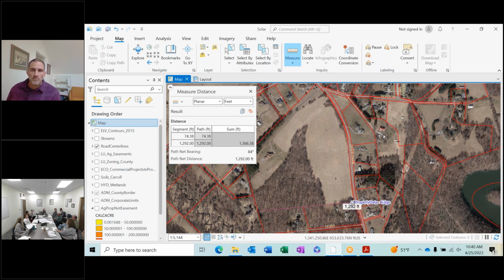Even going with a 3,000 foot separation, there's no place in Carroll County where you'd be able to get 3,000 foot separation in all directions from any residence. So you're actually talking about a radius of 3,000 feet, or a diameter of 6,000 feet, and within that 6,000 feet, no residences. There's no place in Carroll County that you can get that. How many acres is that?